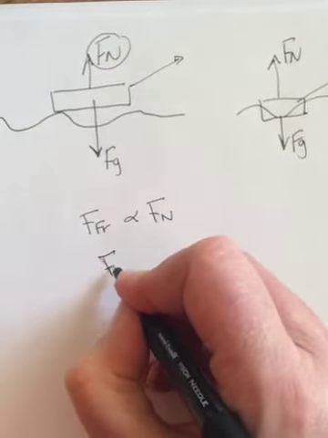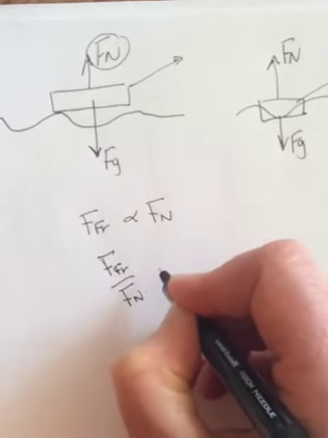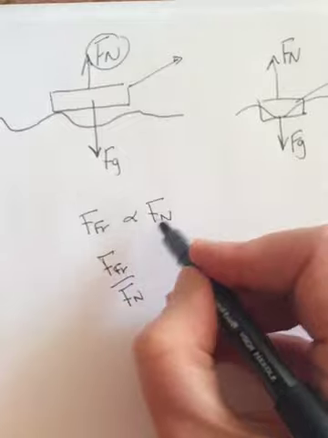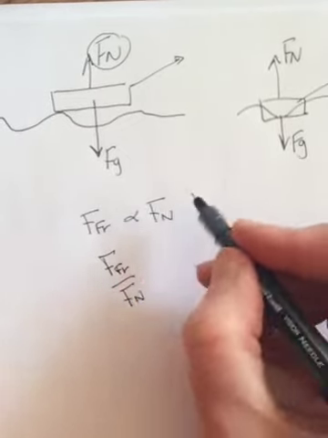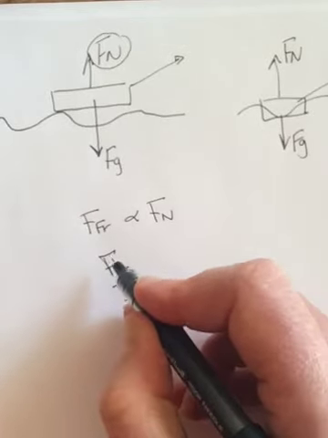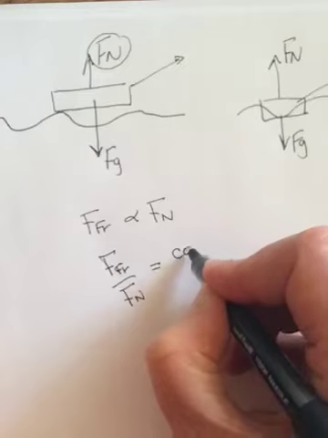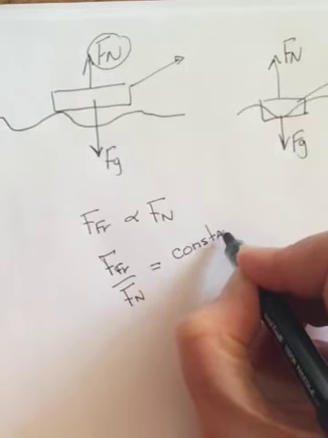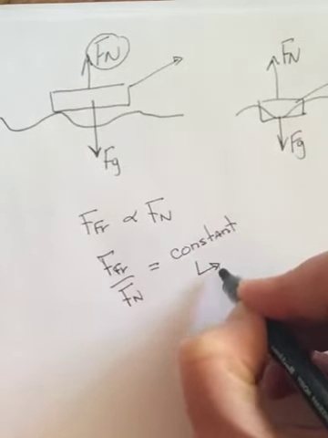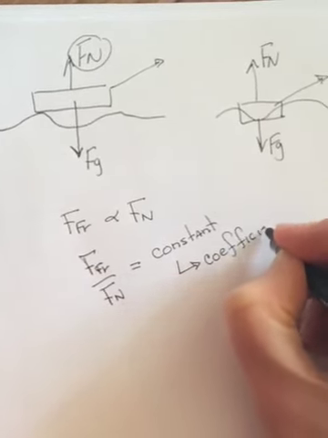In other words, directly proportional means one doubles, the other doubles. If one triples, the other triples. They change in the same way. And so if you were to do FFR divided by Fn, it means it's equal to some constant. And this constant is what we call the coefficient of friction.